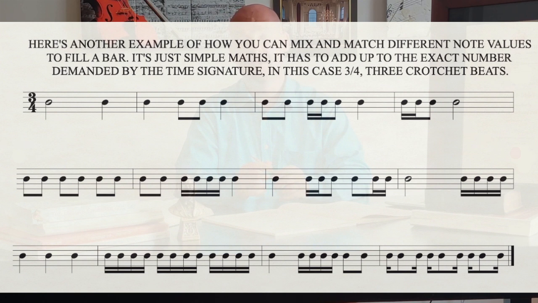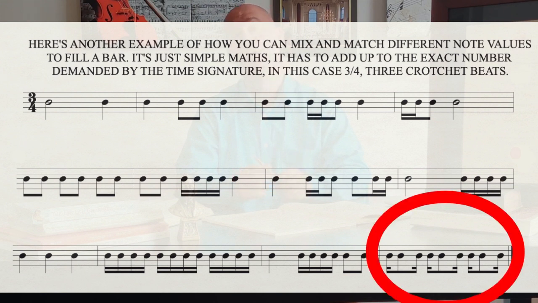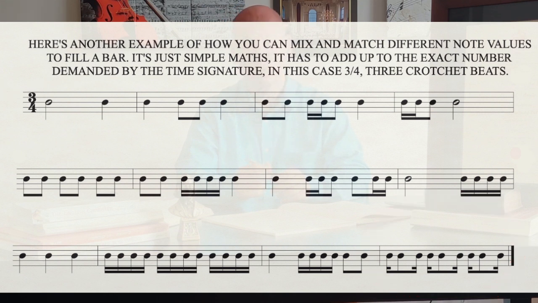Now, you might have noticed that all the bars were rather straightforward compared to the previous one, except the last one, where we've got all those syncopations. Rather complicated. So how do we work that out? Well, let's have another approach, which is an approach that still works.